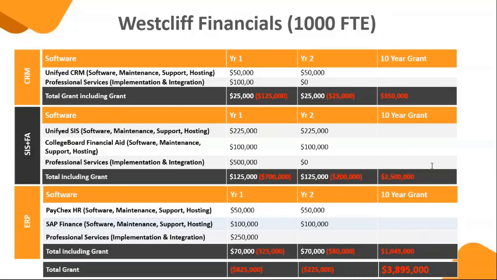They were paying something like 50 grand or more for their Salesforce maintenance cost, and they were able to net save about $25,000 from their current operating cost in Salesforce, and their net price out of pocket was 25 grand to modernize their student recruiting CRM. Now, if you have something you're happy with, don't mess around with that line item. Leave it the way it is, and focus on the next category, which is student information system and financial aid.